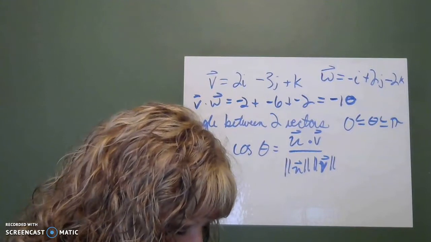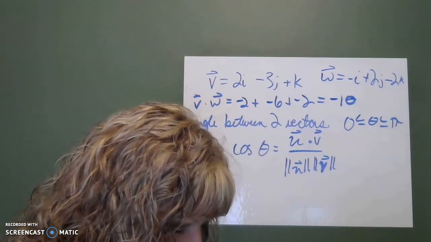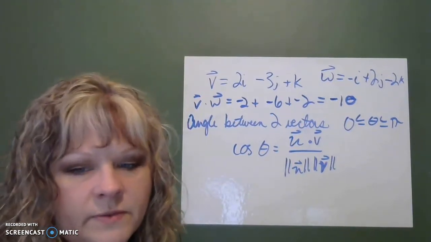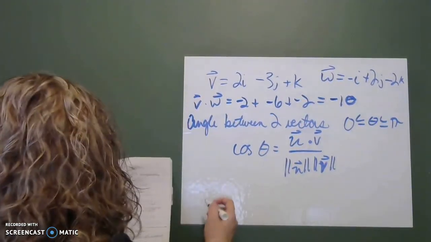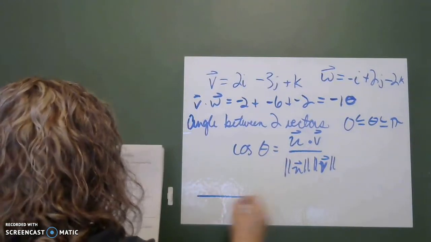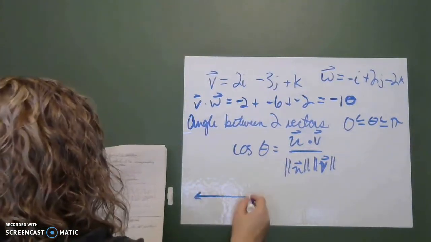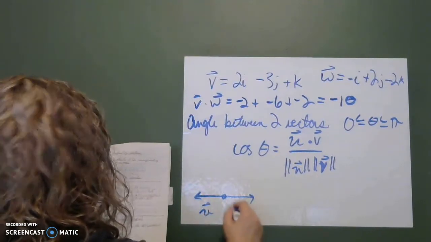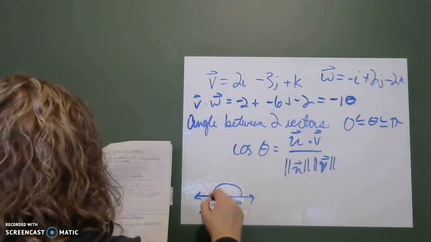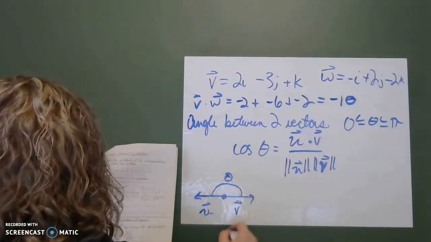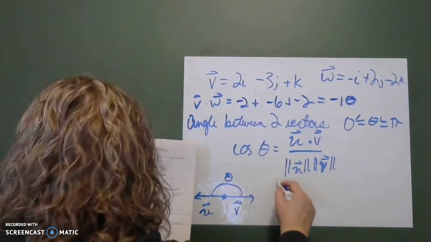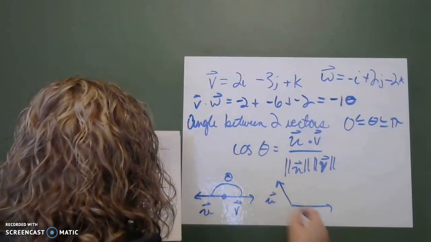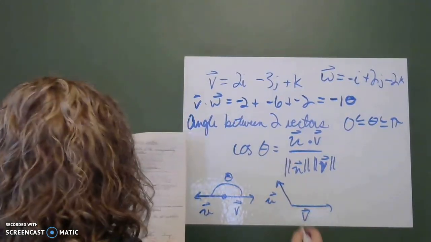So, let's take a look at some relational things and identities that you can get from this. If we've got a straight line here that's actually the two vectors, u and v, and here's theta. I don't have much room, so we'll look at these two at a time. Let's say this one's u and this one is v.